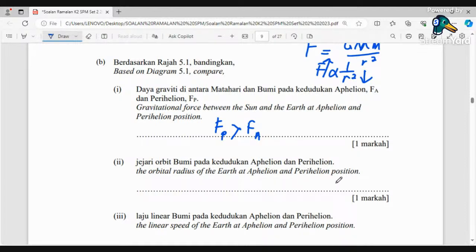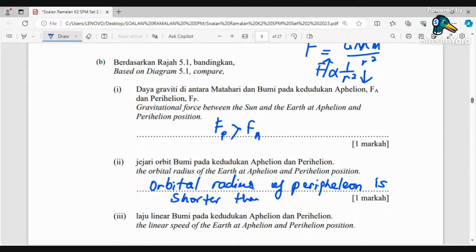Orbital radius of Earth at aphelion and perihelion. Perihelion is closer compared to aphelion, so the orbital radius at perihelion is shorter because it is closer.